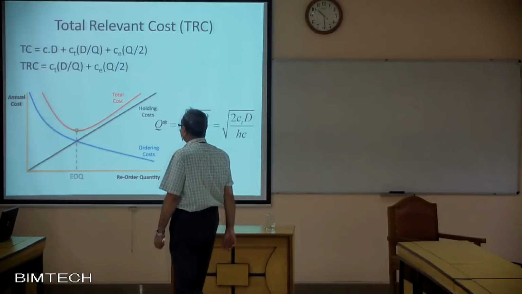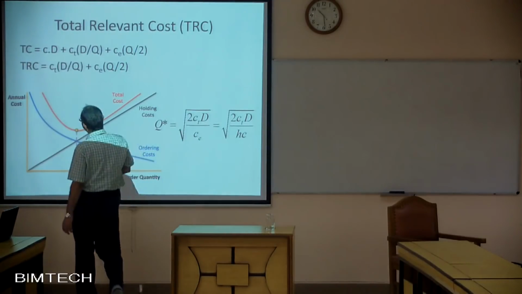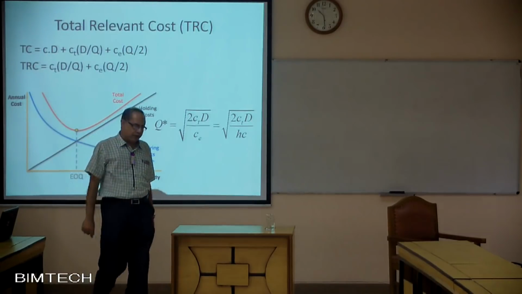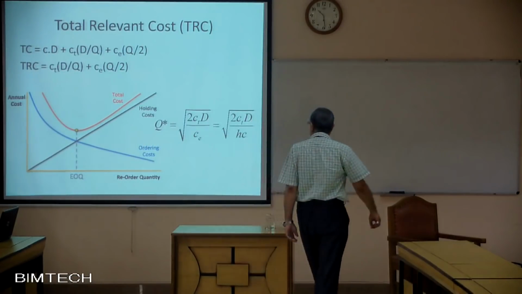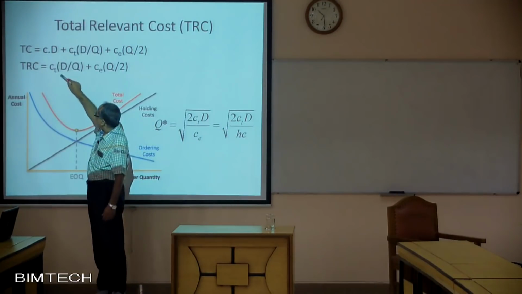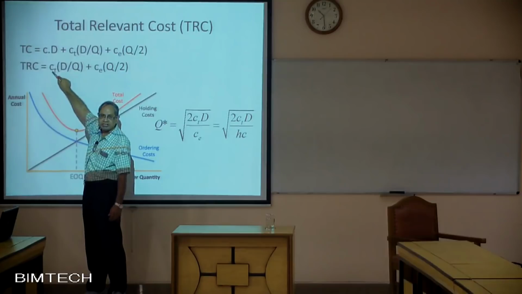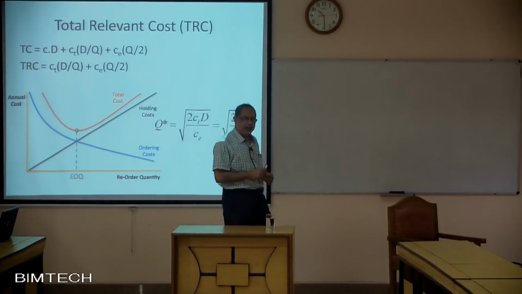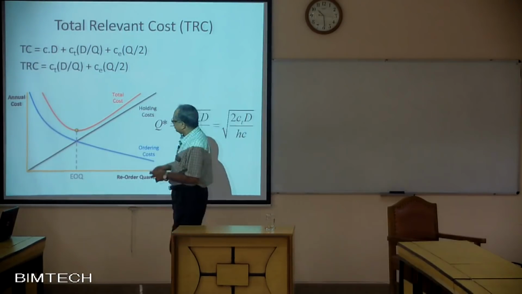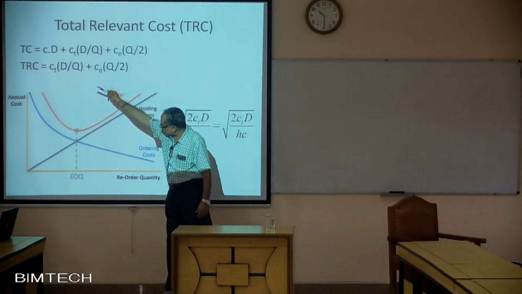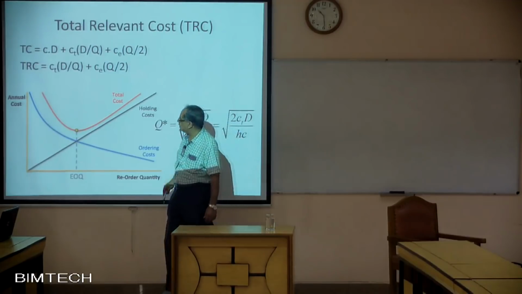So we remove CD from our equation, and we call this the total relevant cost, which is the second term plus the third term. If you look at these two terms, both are functions of Q. The first one is CT into D. These are constants. The only variable is Q. So the first term is inversely varying as Q, and therefore this blue line, as Q increases, that term decreases.